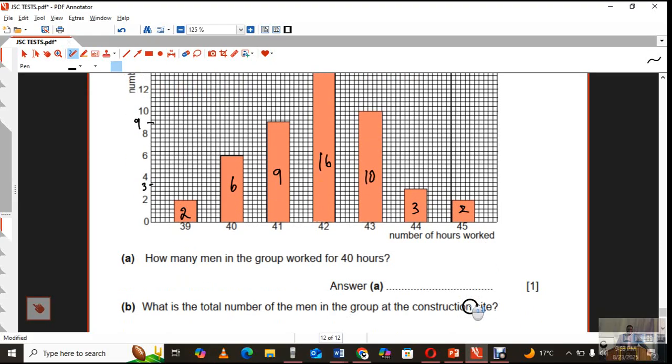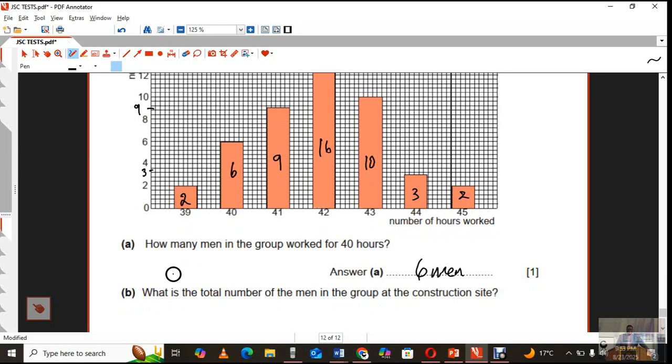Now, the reason why I do that is because how many men in the group work 40 hours? Well, 40 hours is just 6 men. And what is the total number of men? Of course, it's all those numbers that I just wrote on those bars. So it's 2 plus 6 plus 9 plus 16. Okay.